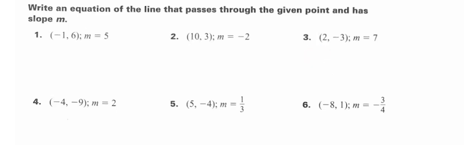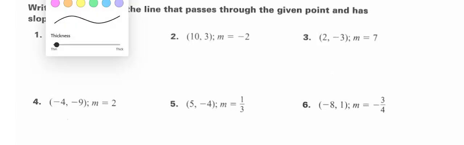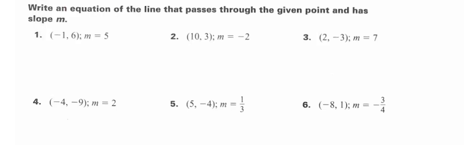Very good. Okay, this one, let me get some ink. Remember, this is x, this is y. X coordinate, y coordinate. Okay, so we're going to write down. This time we can write a little bit faster. Of course, you can still write down your mx plus b form first. So m is 7, and plug in 2, and we're going to find b.